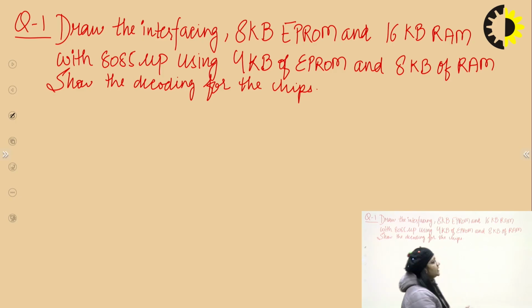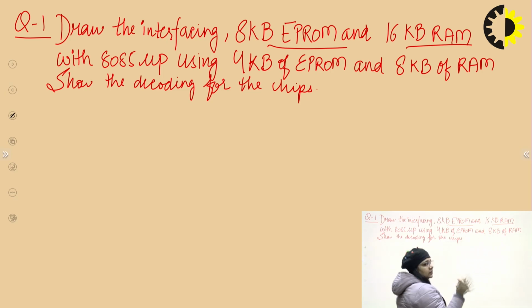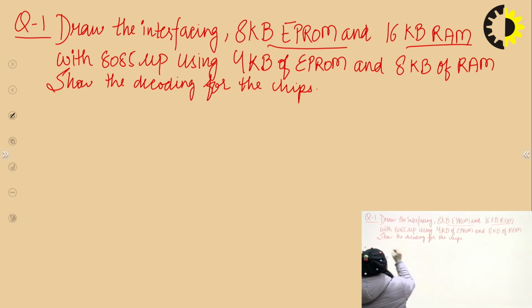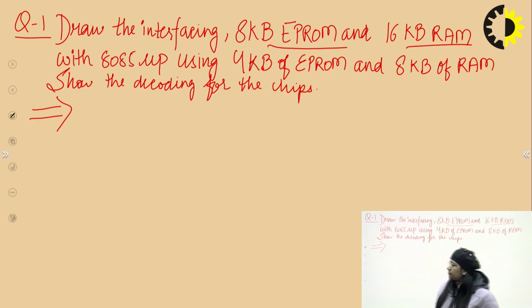So we will be covering these two memories, ROM and RAM, and all the conditions have to be satisfied here. For that, the very first thing we have to see is what memory is given and what kind of memory is expected to be interfaced.